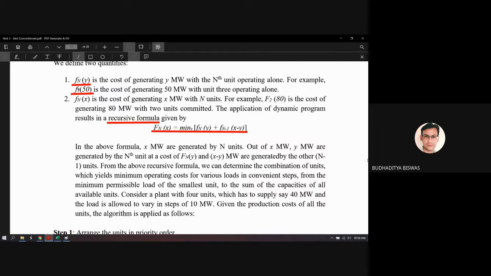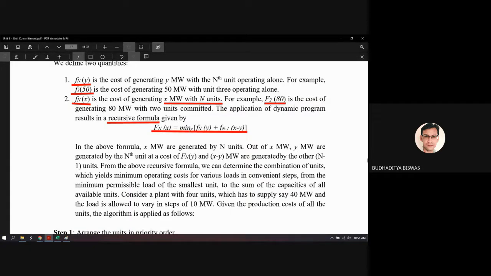Then what is the meaning of F_n(x)? F_n(x) is the cost of generating x megawatts with n units. For example, F_2(80) means the cost of generating 80 megawatts with 2 units committed.